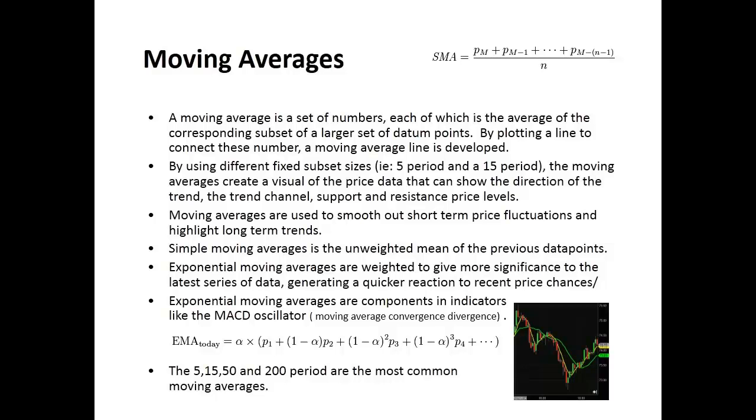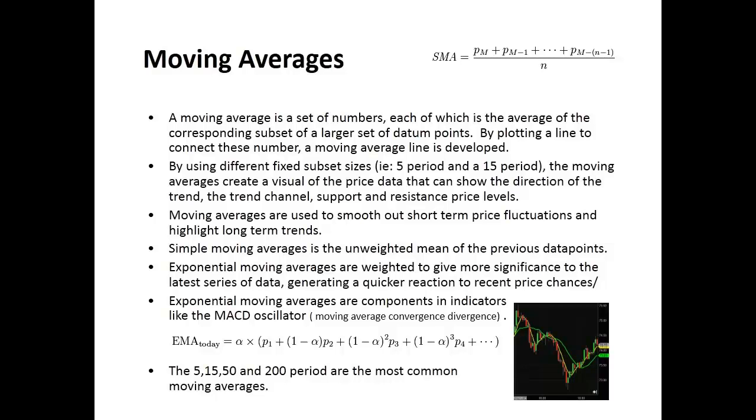So real quick, let's define what the moving averages are. A moving average is a set of numbers, each of which is the average of the corresponding subset of a larger set of datum points. By plotting a line to connect these numbers, a moving average is developed by using different fixed subset sizes.